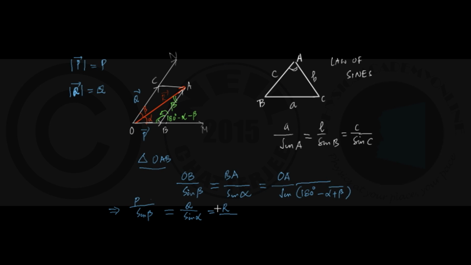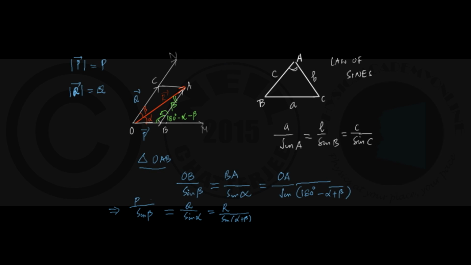We know it, sine 180 minus theta is sine theta, so we simply write sine of alpha plus beta. Using the formula of trigonometry, from here we are getting the result that we want to show in this page only.